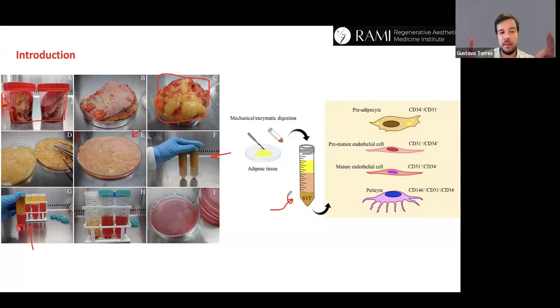So this is something for you to have in mind whenever you are dealing with adipose tissue applications: if we destroy the tissue integrity of the adipose tissue, so we no longer have tissue or cells attached, the fat itself goes up as we would have with oil in the water, and the heavy cells, the most important cells we call the stromal fraction, go to the bottom.